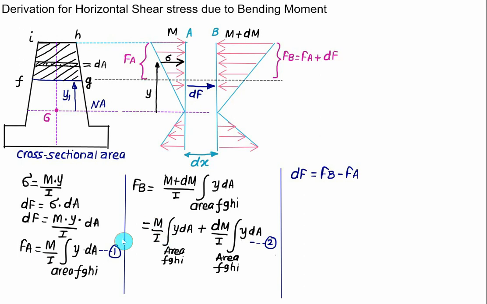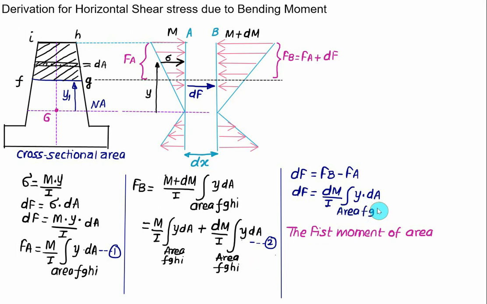So the first term will get cancelled, and we get the value of dF equal to dM divided by I integral of y dA, and you have to do the integration over the area FGHI. Now if we apply the first moment of area, we know that the integral y dA is equal to area multiplied by y bar.